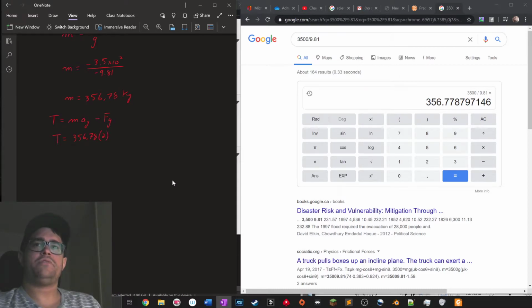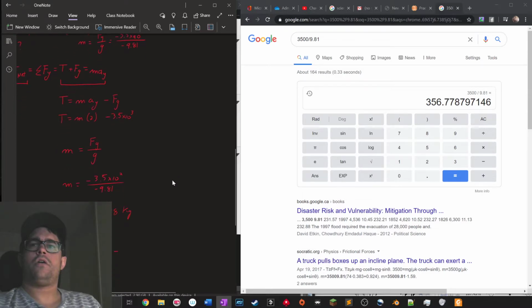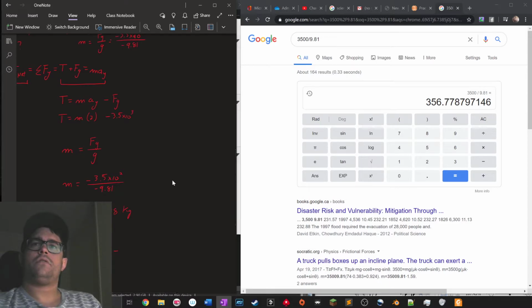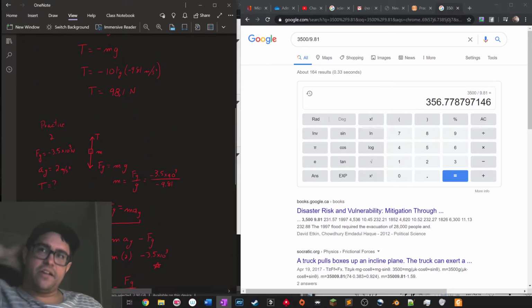The mass is positive, the acceleration is positive. We're taking out of that the force Fg. Show me Fg. I think I have an issue here. The Fg was negative, wasn't it?